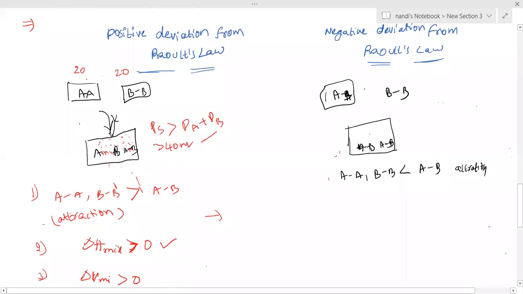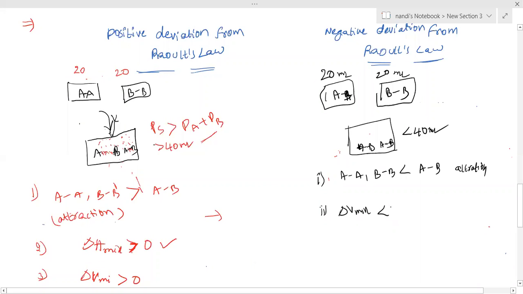Strong attractions mean all the molecules come near to each other. This is 20, this is 20, but the total is less than 40 ml, because strong attractions make the molecules come near to each other, so the volume decreases. So delta V mixture is negative.